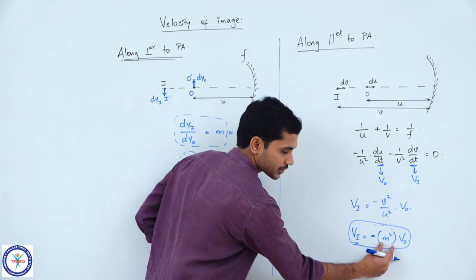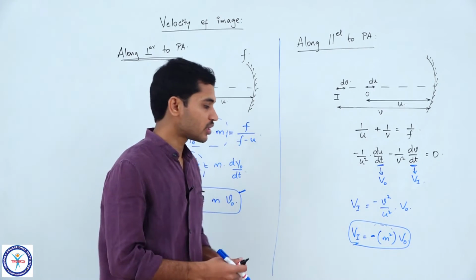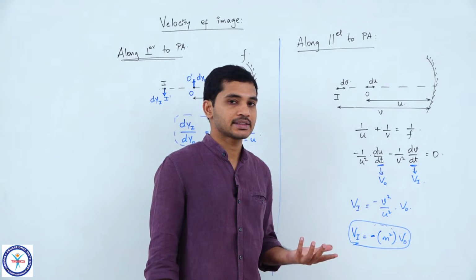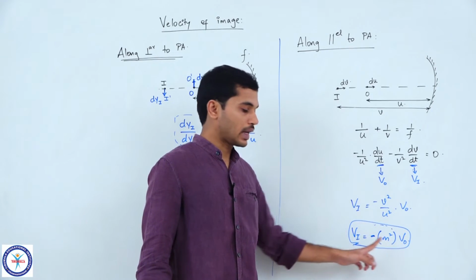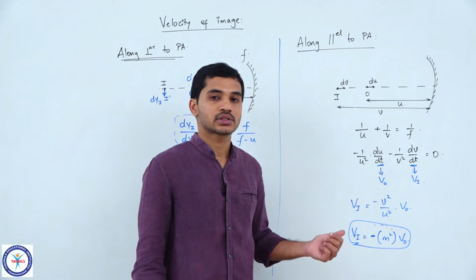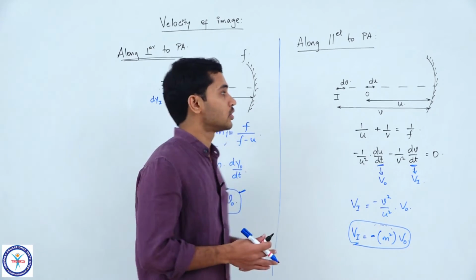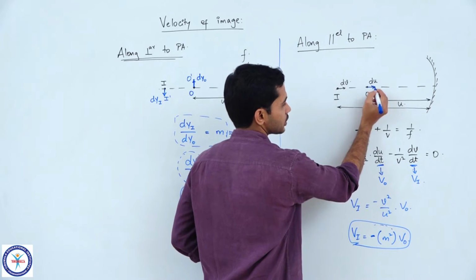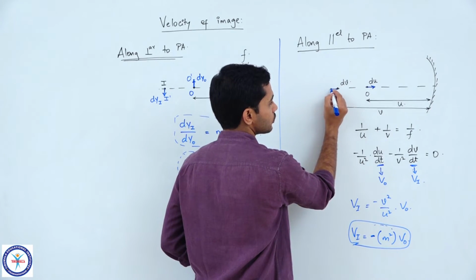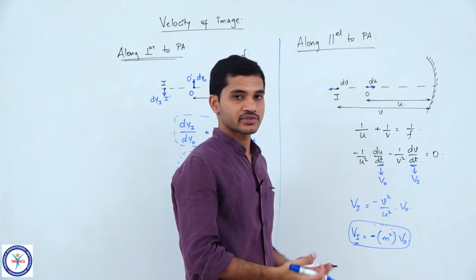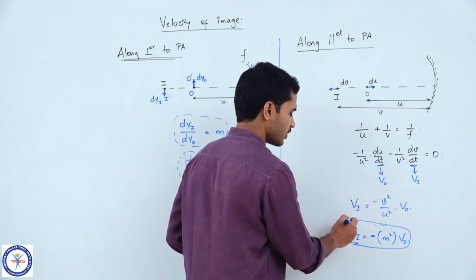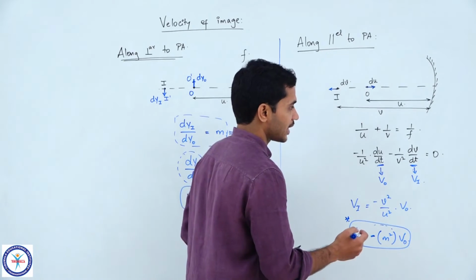M square is positive, into minus, so the whole term is always negative, which means that vo and vi are always opposite to each other. So if the object in this case moves in this direction, then the image should move in the opposite direction, and vice versa. So this is a very, very important result. Maybe I will write it down as well.